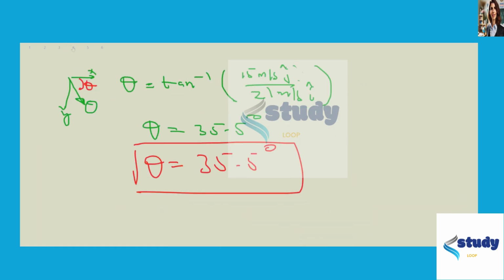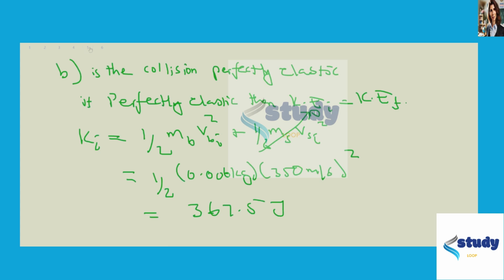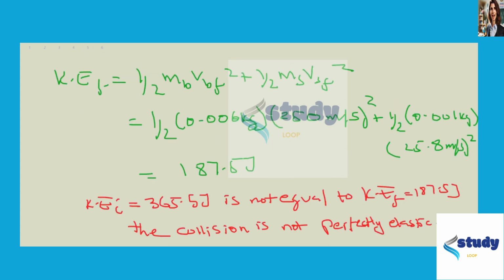We went again and got the angle using tan inverse, which is 35.5. And then checking if the collision is perfectly elastic, we checked the initial kinetic energy of the system, which is 365.5. Compare that to the final kinetic energy of the system. They're not the same, so the collision is not perfectly elastic.